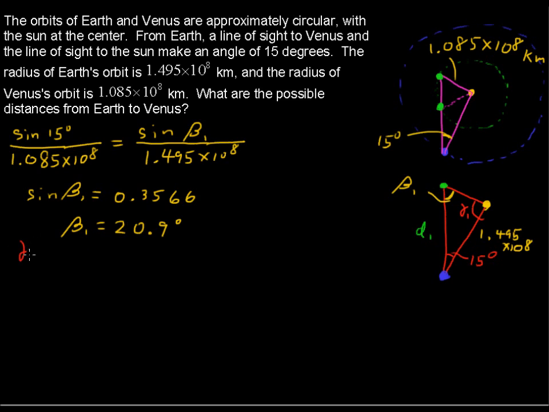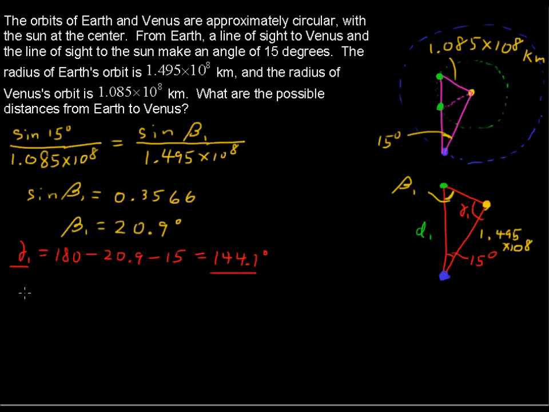And gamma sub 1 is simply 180 degrees minus the 20.9 from one part of the triangle minus the 15 degrees from another vertex of the triangle, which equals 144.1 degrees. Okay, that's our gamma sub 1. Let's underline those. Now let's use the law of sines to find d sub 1.